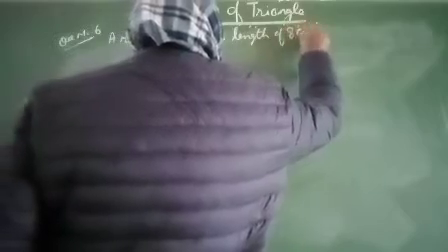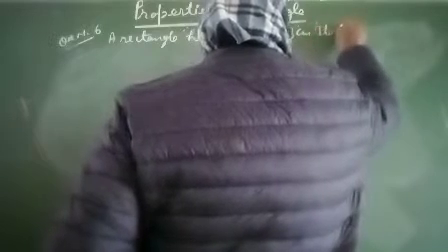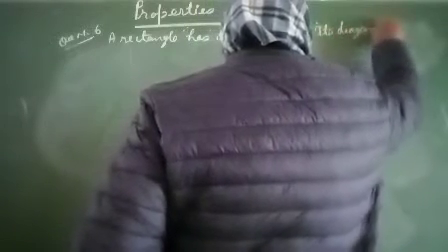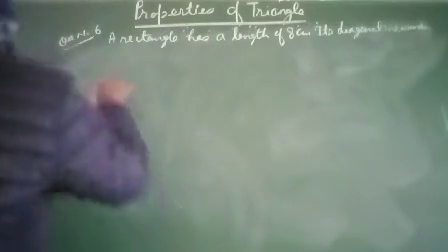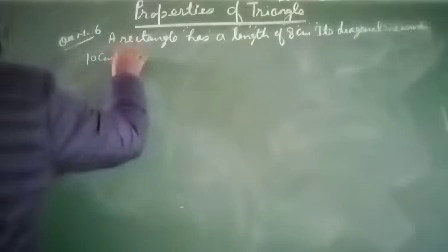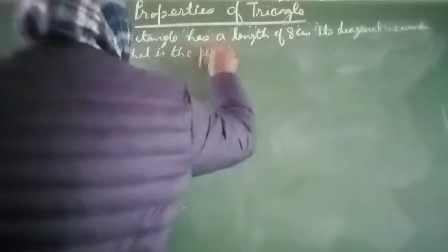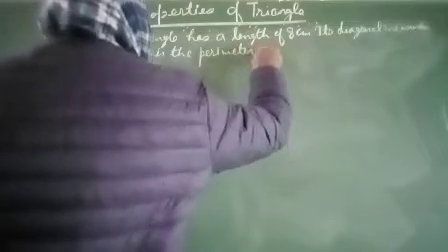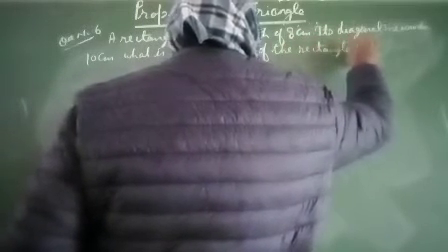Its diagonal measures 10 cm. What is the perimeter of the rectangle?